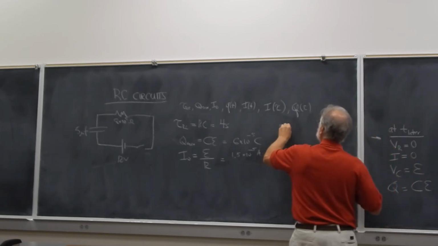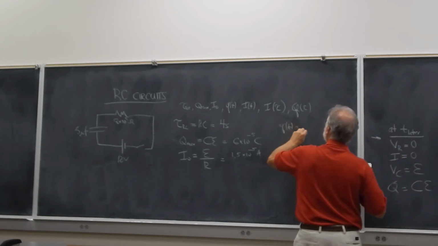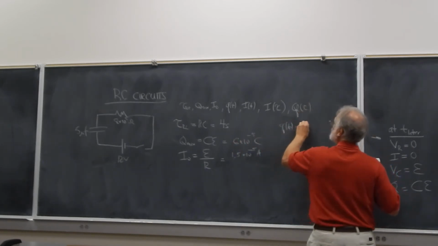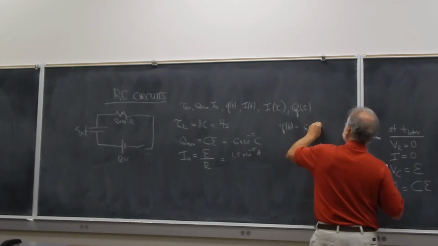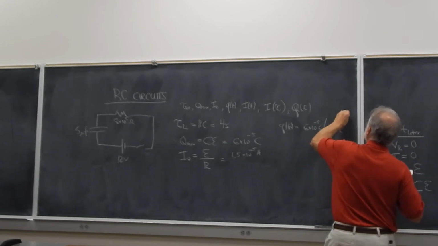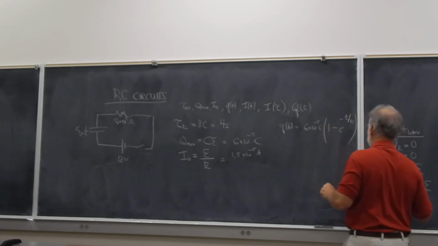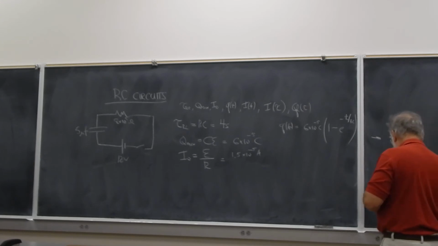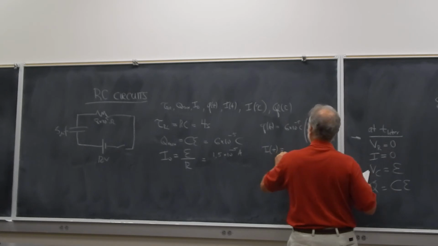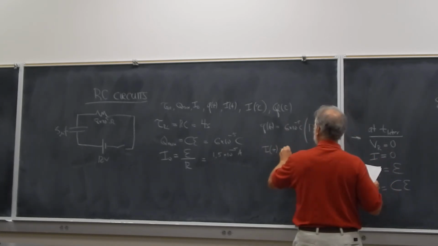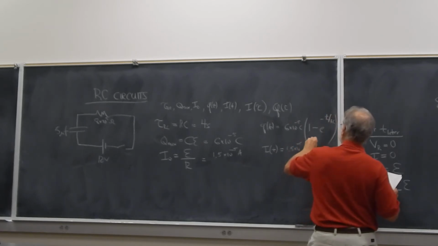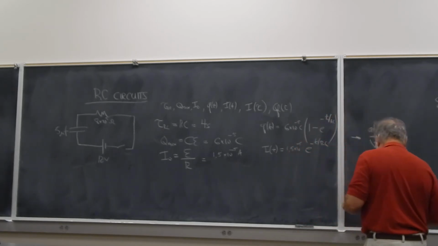My charge as a function of time, I can write as my maximum charge, which is 6 times 10 to the minus 5 coulombs, times 1 minus e to the minus t over RC. My current as a function of time, I can write as E over R, which is 1.5 times 10 to the minus 5 amps, times e to the minus t over RC.